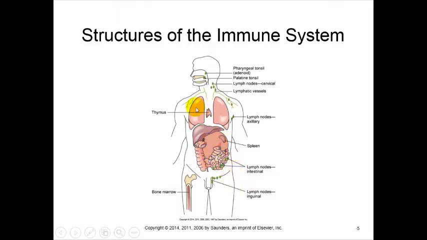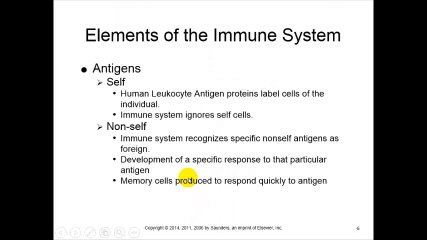And then we have some other organs such as the thymus and the spleen, which house a lot of white blood cells, and a lot of blood flow circulates through these organs. Then we also see the bone marrow, which is where our white blood cells are developing.